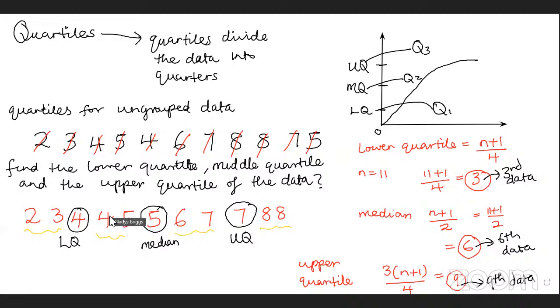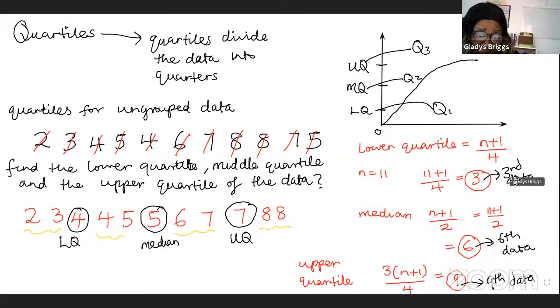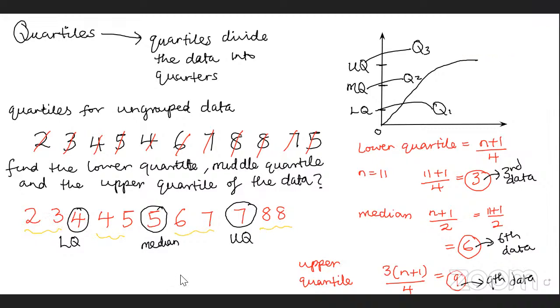The lower quartile is the third data. This is the third one. It's 3, yes, but that 3 does not mean the number 3. It means the third data. So you have to go to your data and find the third one: first one, second one, third one is 4. Do you understand it now? Yes. Good.